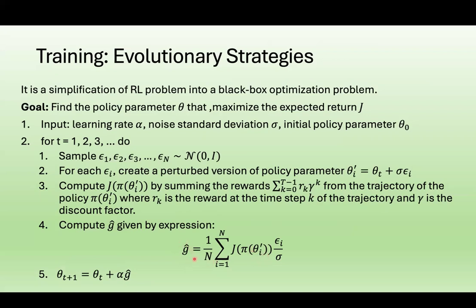Once this G cap is computed, we then update the parameter. So theta t plus 1 becomes theta t plus learning rate times G cap. And this is how we slowly converge to the optimal theta value, which basically maximizes the expected return J.